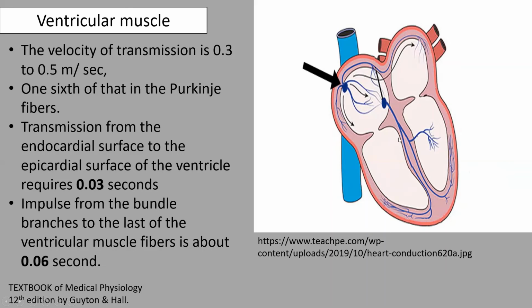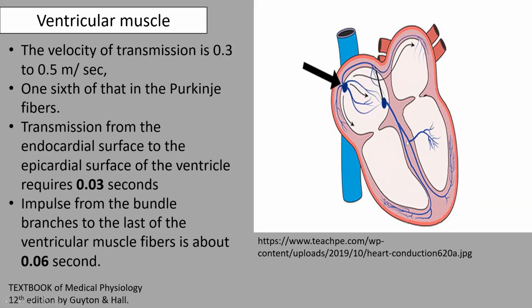And after penetrating the AV bundle branch portion, to the termination of the Purkinje fiber, it takes around 0.03 second. And from the endocardial surface to the epicardial surface, it takes around 0.03 second.